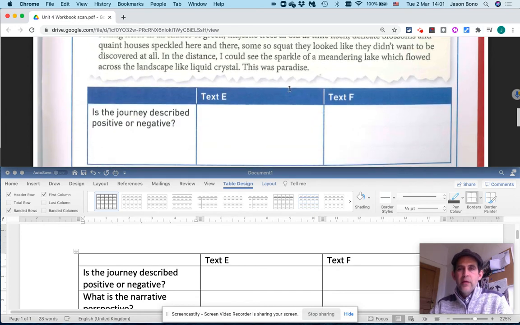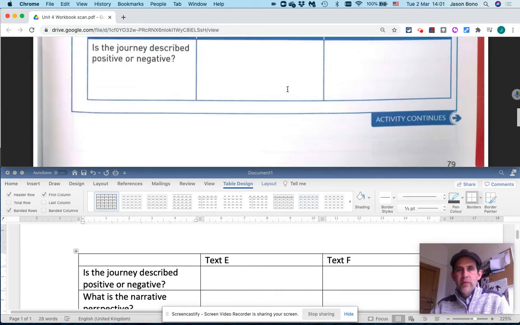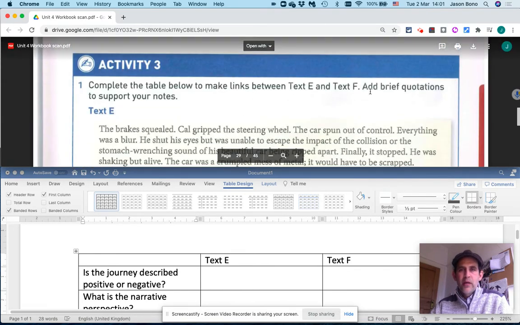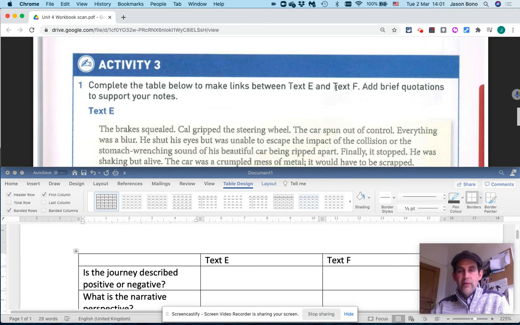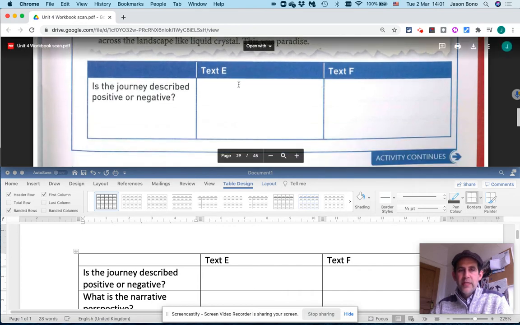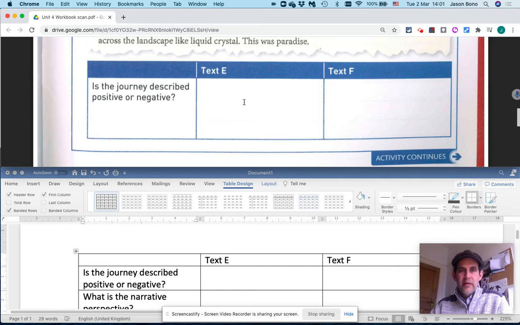Notice that both of them start with a squeal. Now, your task here is to do some comparing and contrasting: to complete the table below, making the links or connections between the two, either ways that they're similar or ways that they're different, and then add a brief quotation to support your note. For example, is the journey described positive or negative?